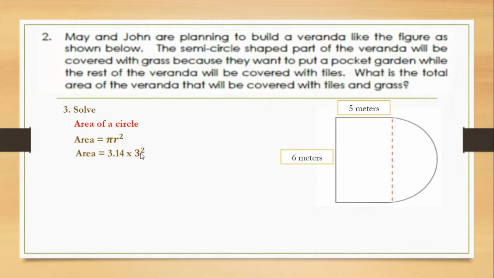So we square the 3, or 3 times 3, that is 9, and 9 times 3.14, and we got the area, which is 28.26.